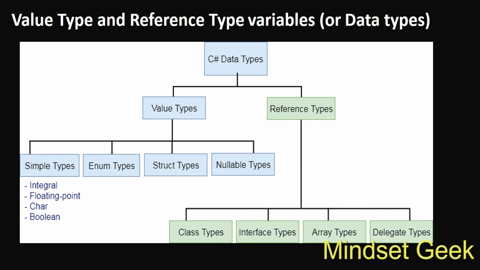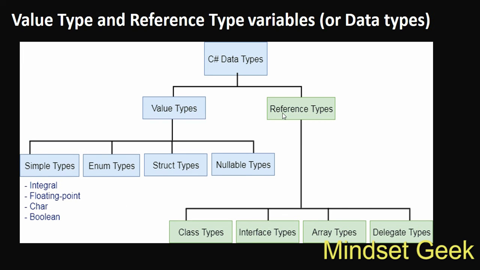All the simple data types are value types. String is not. Then enum. Enum is one more concept. In a later lesson, I will introduce what is enum and how we use enum. Struct is also that kind of concept. It is also introduced in a later lesson, along with nullable data types. These are the examples.